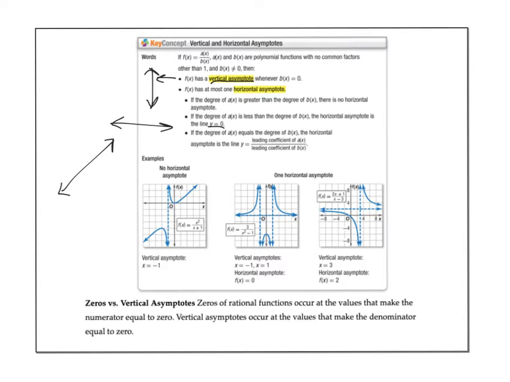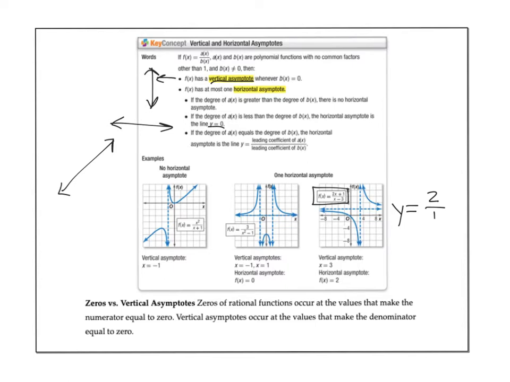So for example, for this last graph here, we have our function where the degree on the numerator and the denominator are the same. They both have a highest exponent of 1 on our variable. So what we'd do is take the leading coefficients. Remember, that's the number out front of the term with the highest exponent. So we'd have y equals 2 over our leading coefficient in the denominator, which is 1.